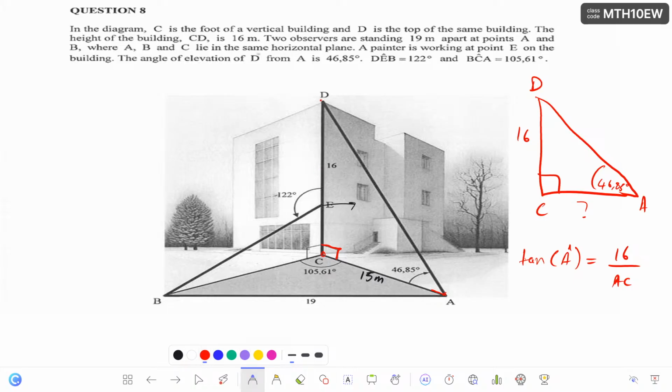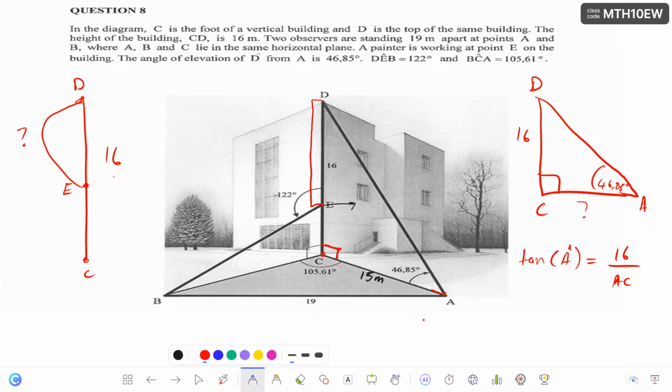Let's sketch this thing. We have DC, which is 16. And now we have a painter at point E, and they want us to calculate this distance.